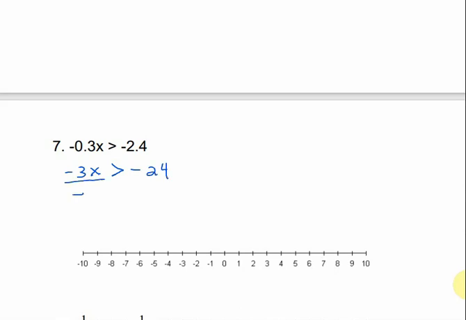Divide by negative 3. And since I'm dividing by a negative, I have to flip the inequality. And so that gives me x is less than 8. On 8, I put an open circle and I shade to the left.